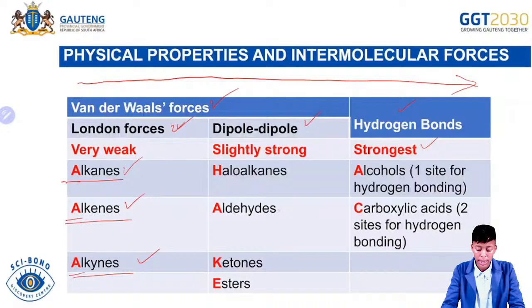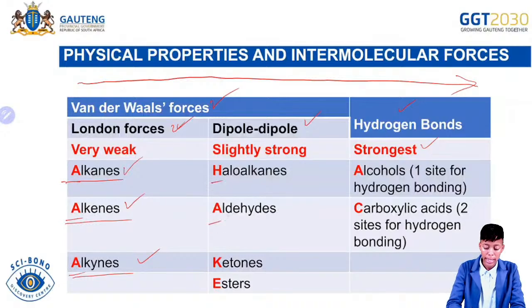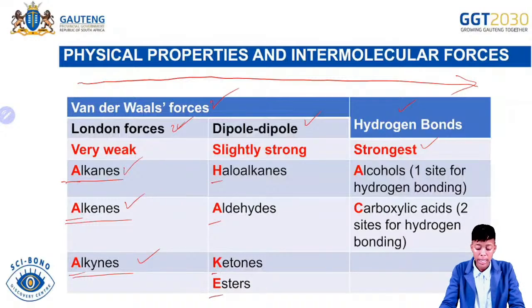Then under the dipole forces, again using the highlighted words, we have HAKE. The H represents your haloalkane, the A represents your aldehyde, the K represents your ketone, and the E represents your ester.